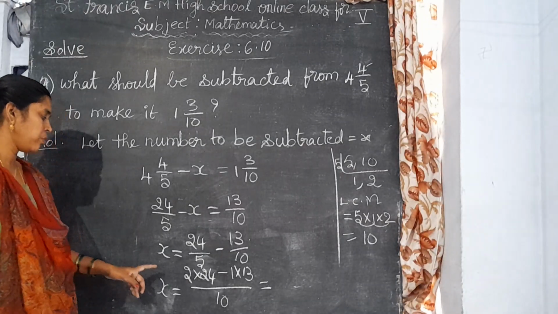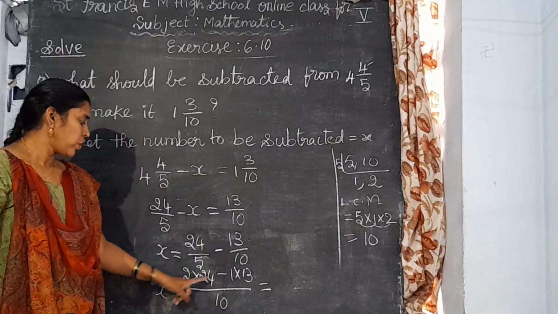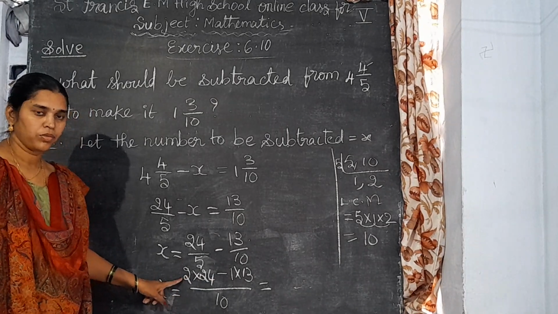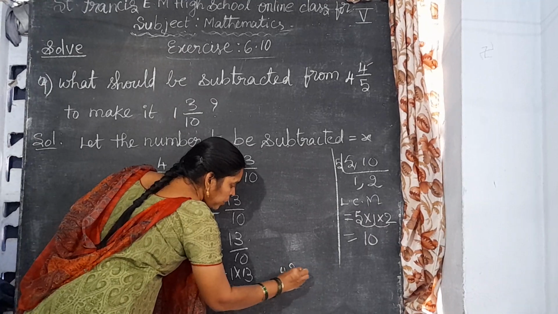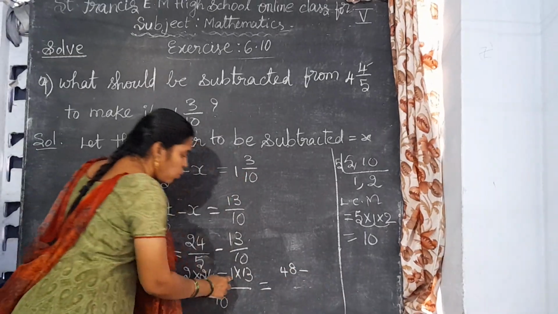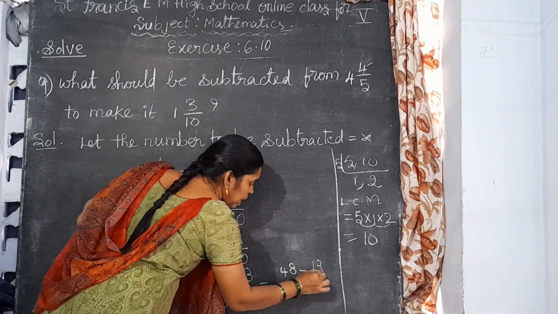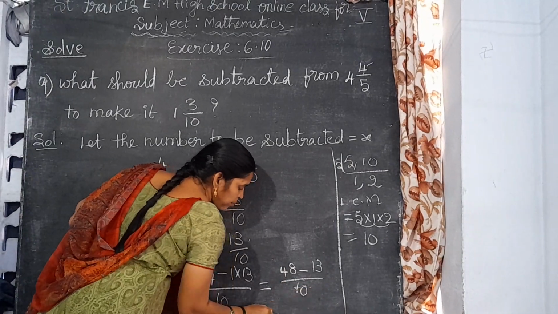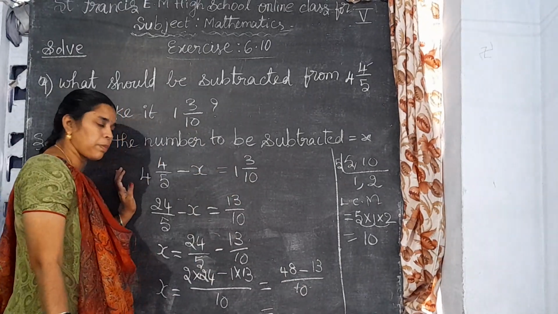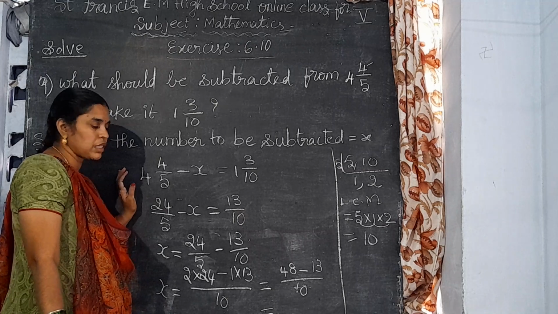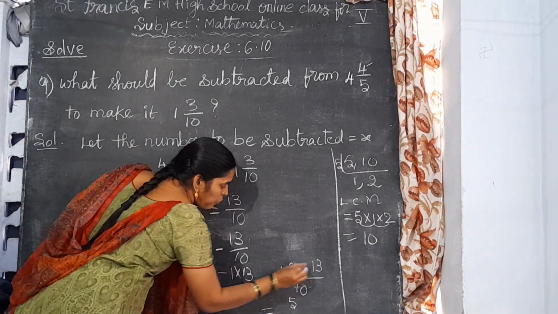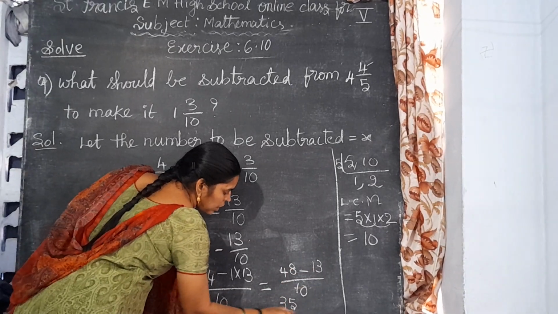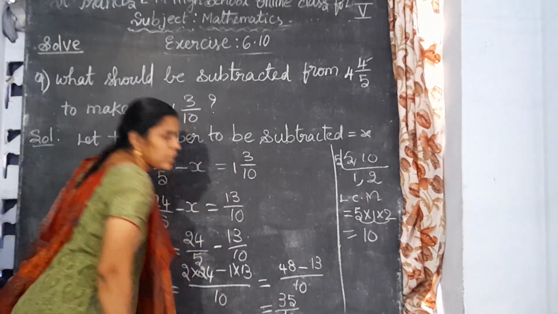Okay. Now you do multiplication. 24 2s are, 2 4s are 8, 2 2s are 4. 48 minus 1 13s are 13 by 10. That is equal to, now you do subtraction. 8 minus 3, 5. 4 minus 1, 3. 35 by 10.